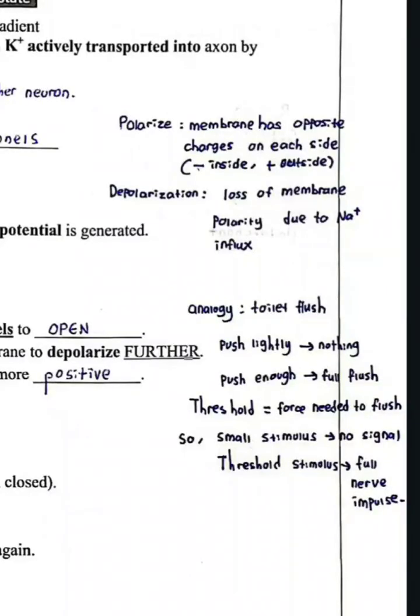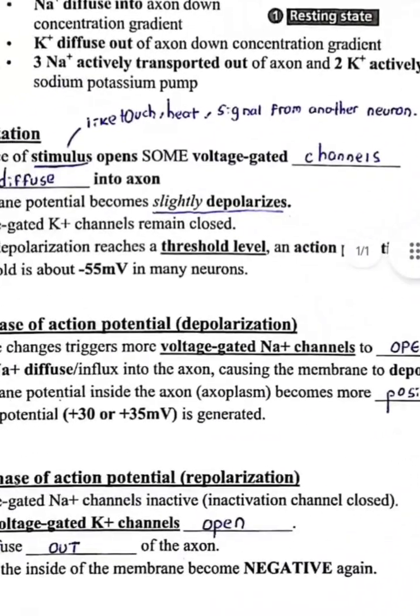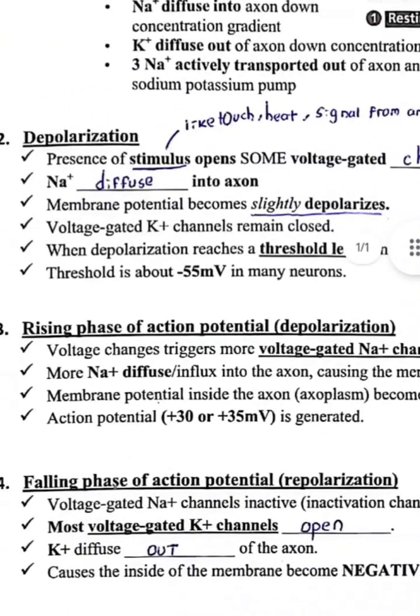So threshold is equal to the force needed to flush. So a small stimulus means no signal, but a threshold stimulus means a full nerve impulse. That's it. The threshold is about negative 55 mV in many neurons.